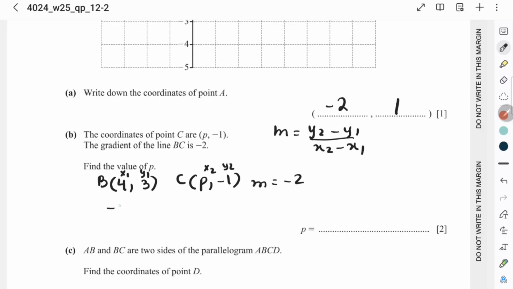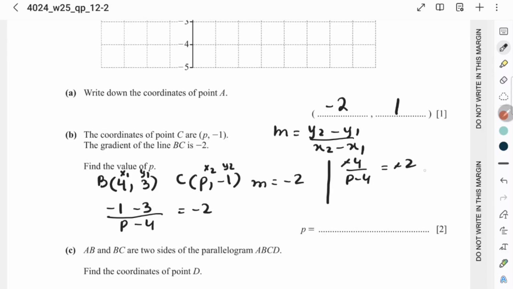So y2 is −1, minus 3, upon p minus 4 is equal to −2, and then afterwards you can write down −4 upon p minus 4 is equal to −2. Just multiply. Minus and minus, both the sides you can cancel also.